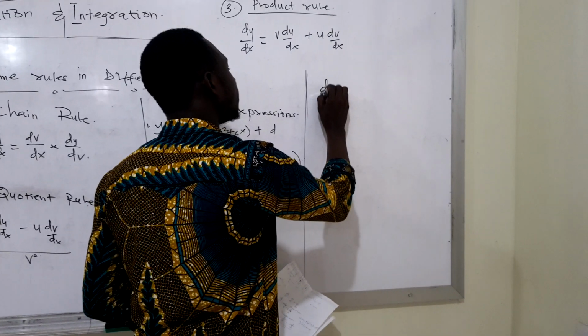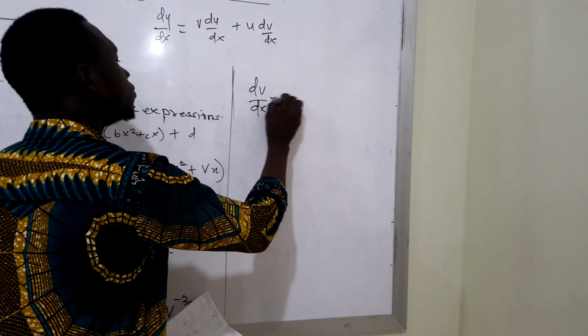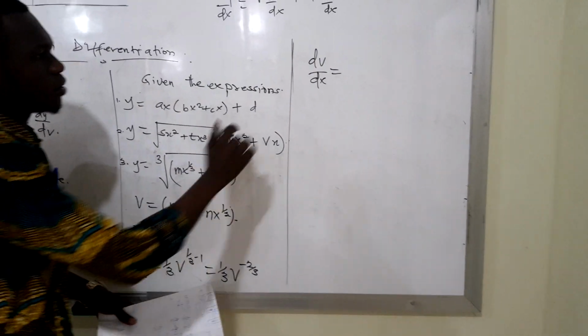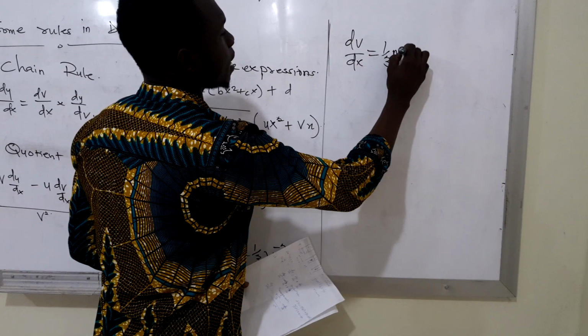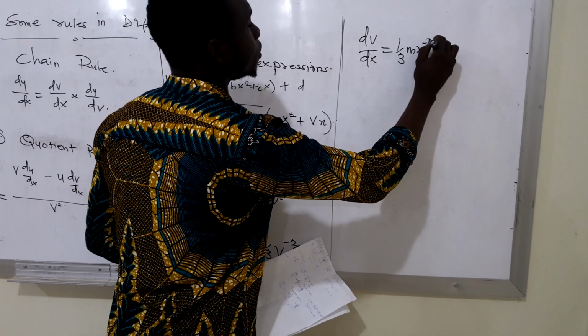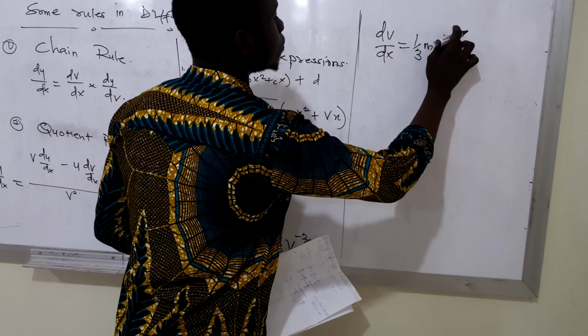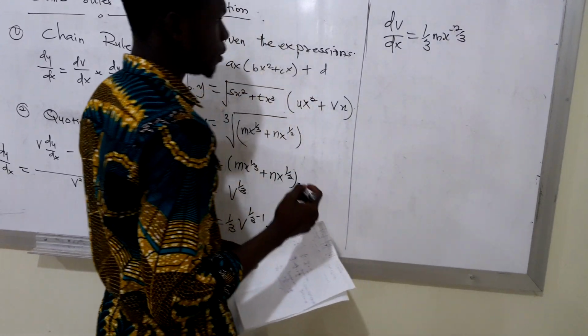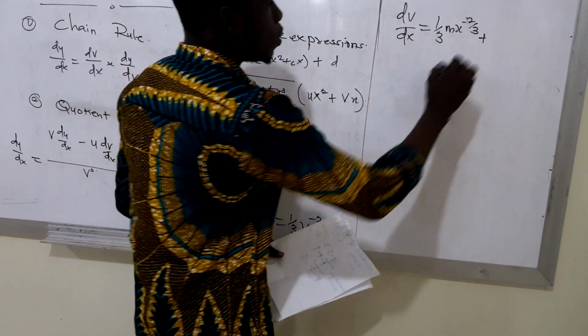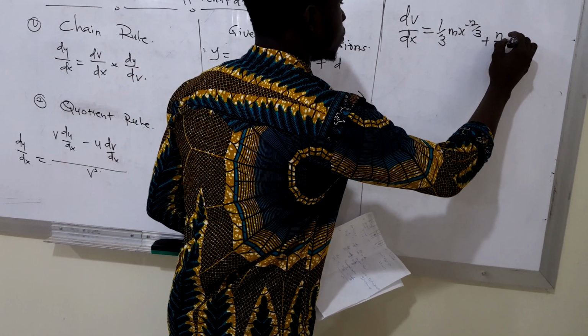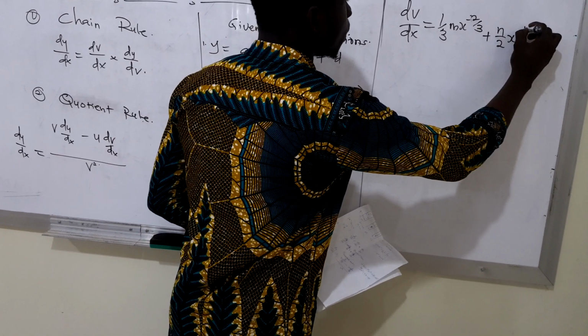So dv/dx is going to give me 1/3 m x exponent negative 2/3, plus n/2 x exponent negative 1/2.